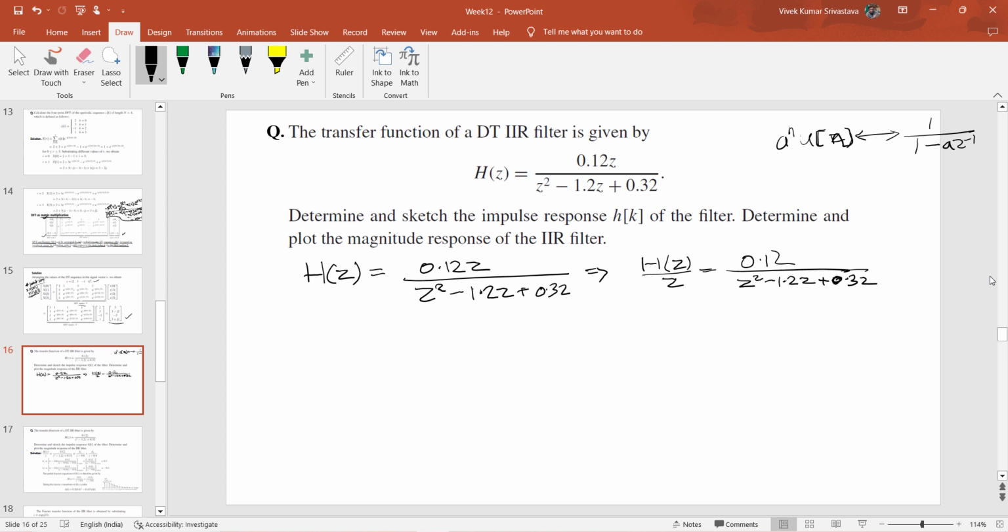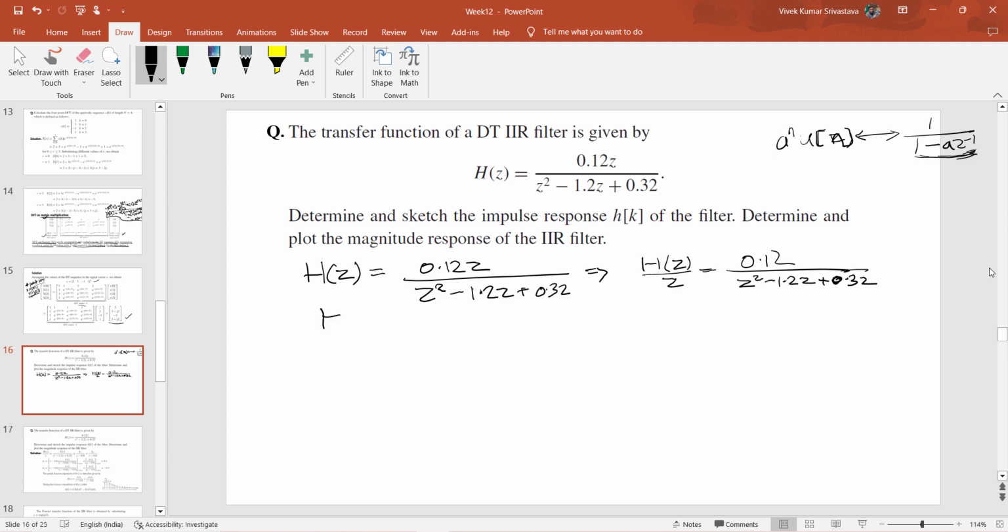So to write this transfer function in terms of z inverse, we first divide H of z by z, and later we will multiply by z on both sides, so as to get the final expression in the form of z inverse. We will see that after solving this expression.